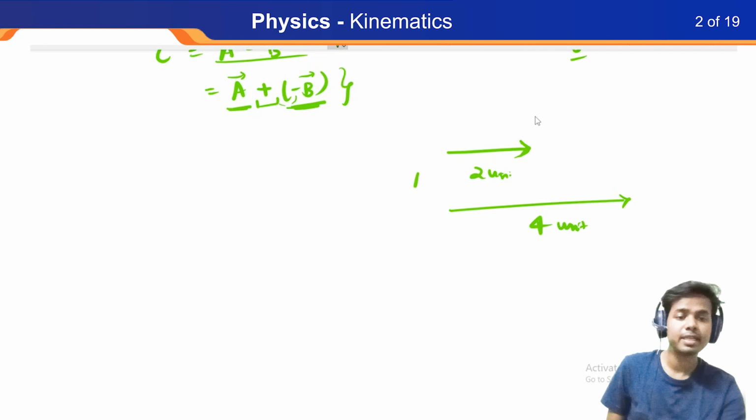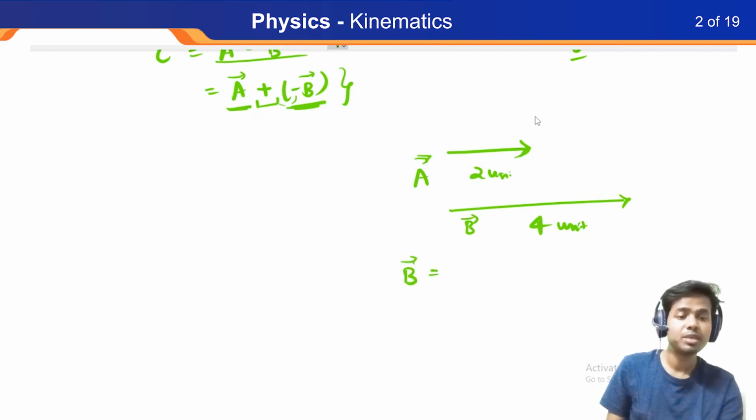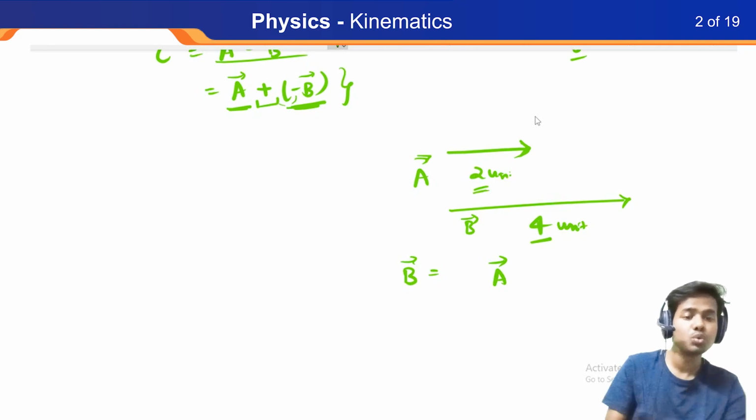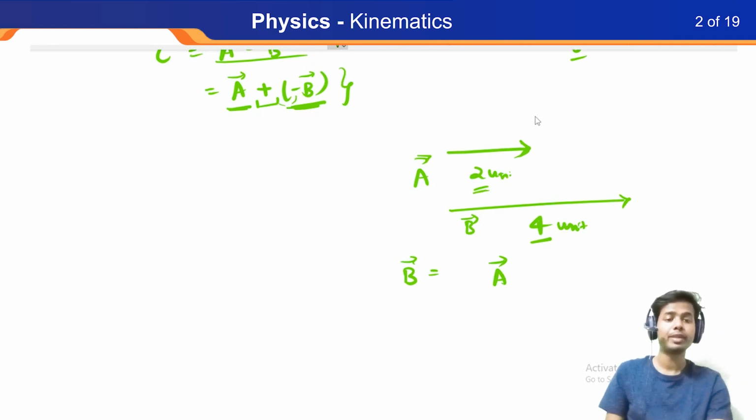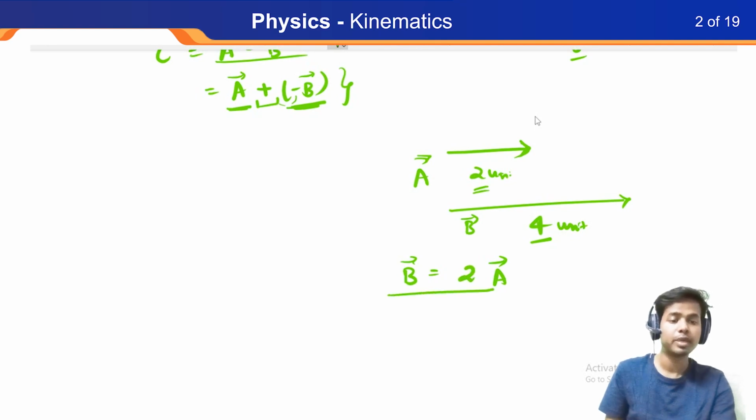What I will do is, let's say this was a vector and this is the vector that I need, b vector. What I'll simply do is, b vector is nothing but some constant multiplied by a vector. What should be the constant? 4 and 2, right? So 2 into 2 will give me 4, the magnitude that I want for b vector. So this will be actually equal to 2 into a vector.